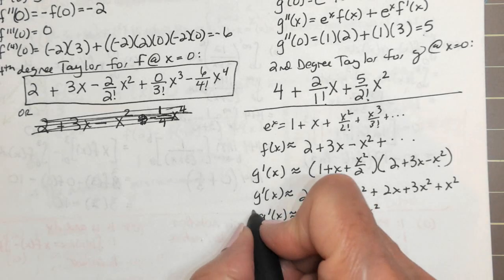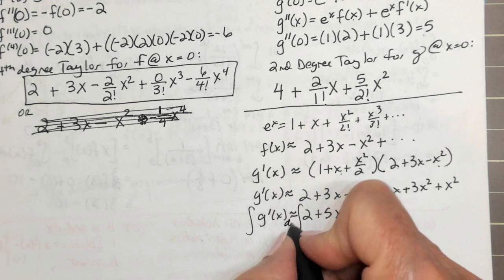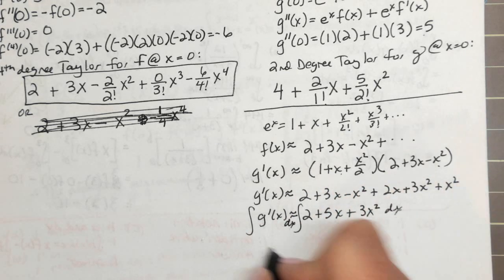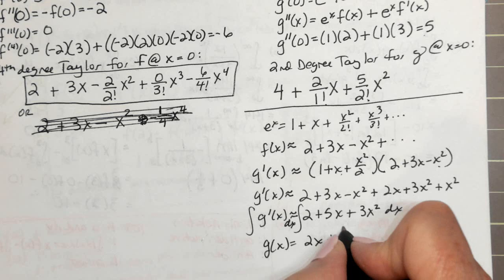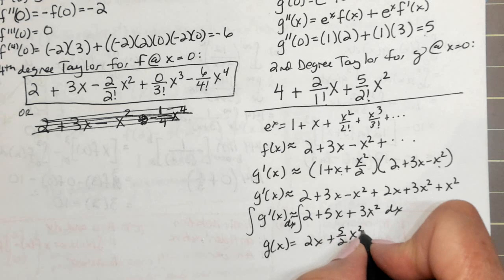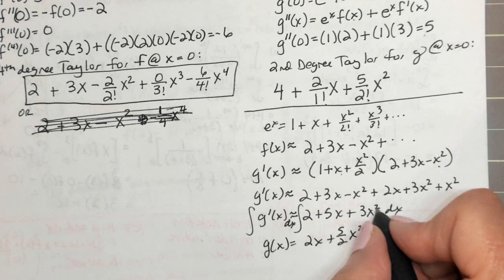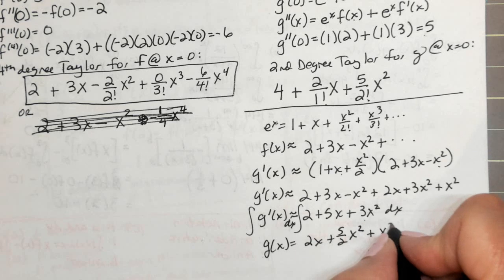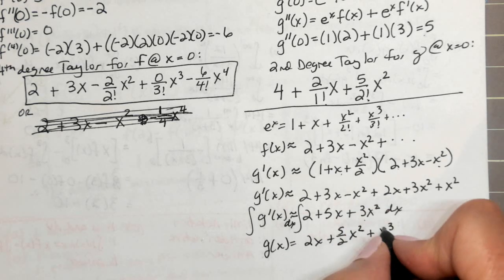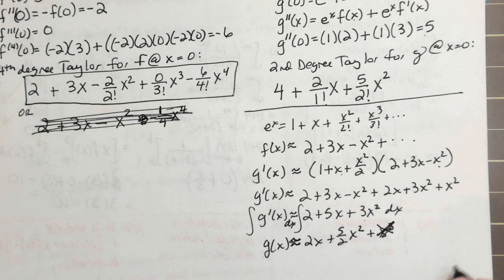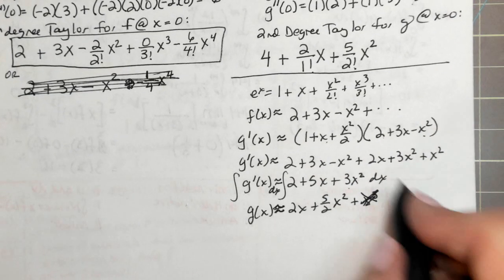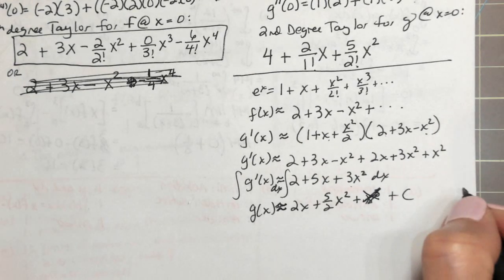So to get g, I'll need to integrate both sides. Right? So g would be 2x plus 5 halves x squared plus x cubed, which I don't want, so I'm just going to make this approximately equal to, plus c, yeah, plus c.